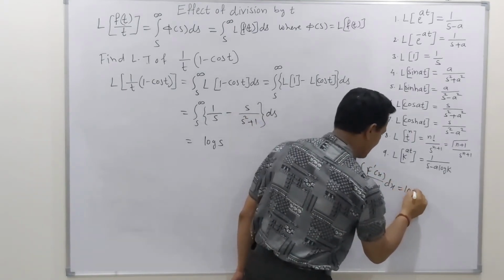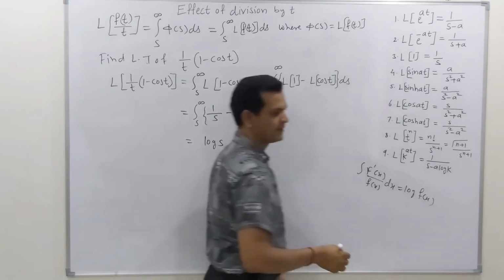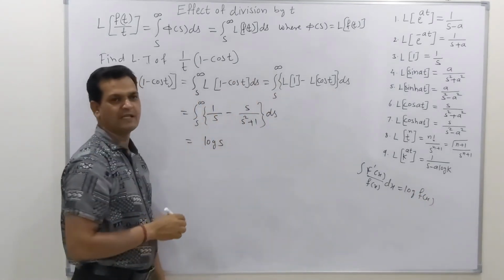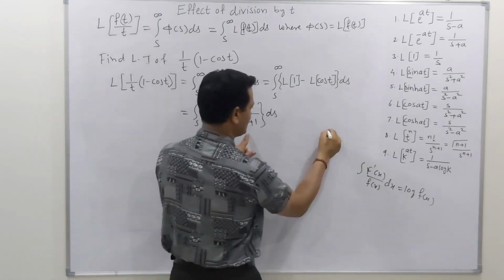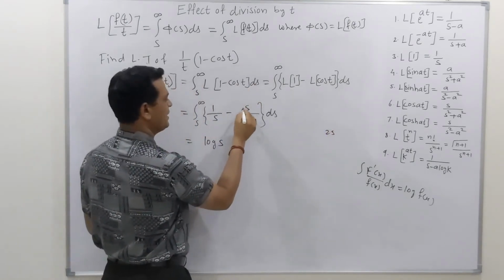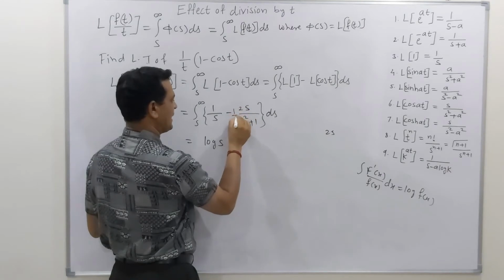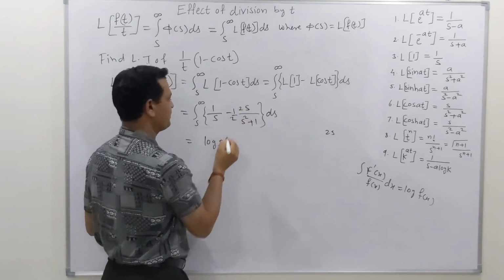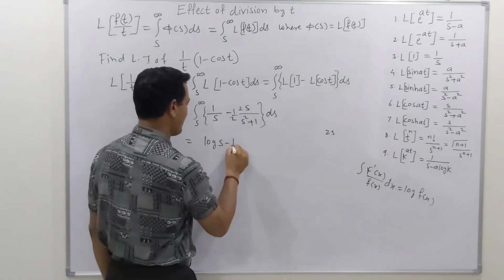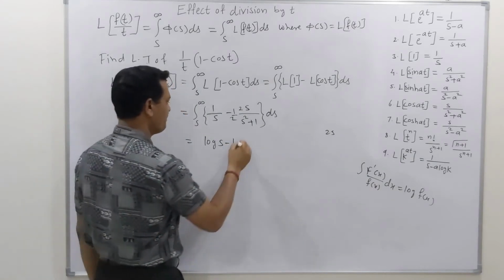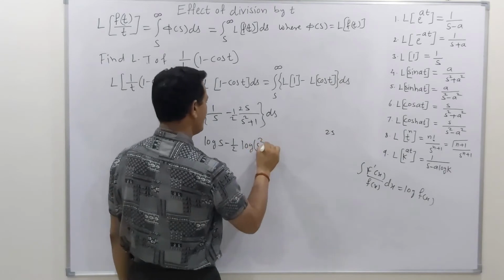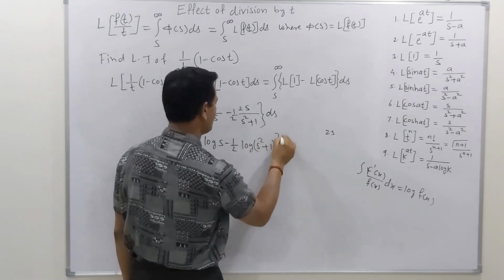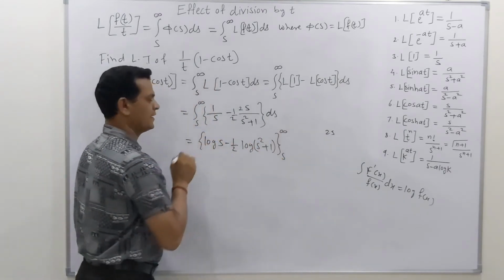The derivative of s square plus 1 is 2s, but here only s is present, so we can multiply and divide by 2. So we get minus 1 upon 2 into log of s square plus 1, and its limit is s to infinity.